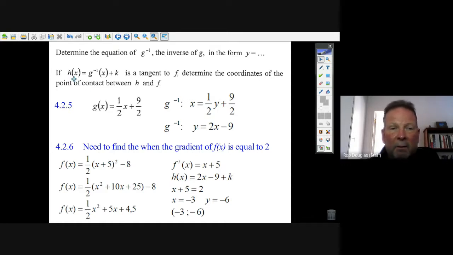Well, now here's a question. It looks a little bit scary, but it's really not so hard. It says if there's another function that's the inverse function plus a constant, and it's a tangent line to f, determine the coordinates of the point of contact between h and f. Well, here it is. If this is the inverse function, if we add k, it's still going to have a gradient of 2.